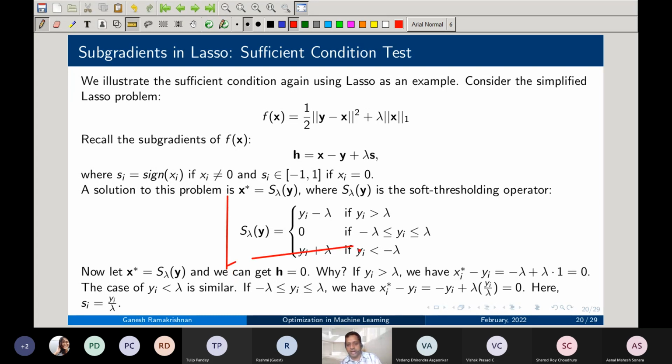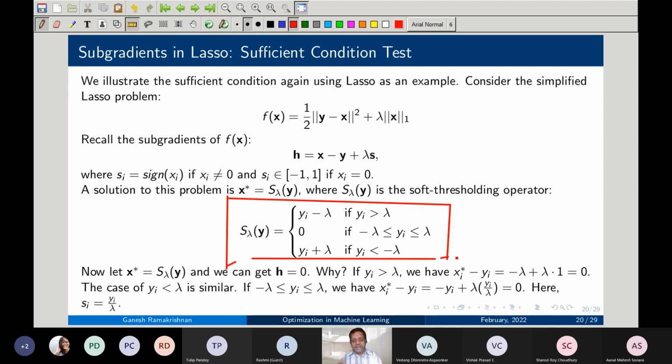Whatever we derived on the previous slide, I've now written in the form of a very specific operator. So what is it saying? It's basically saying threshold the value of y and then assign it to x.